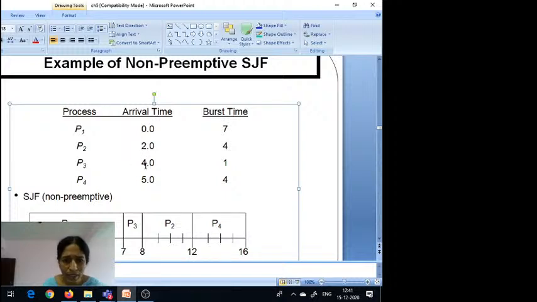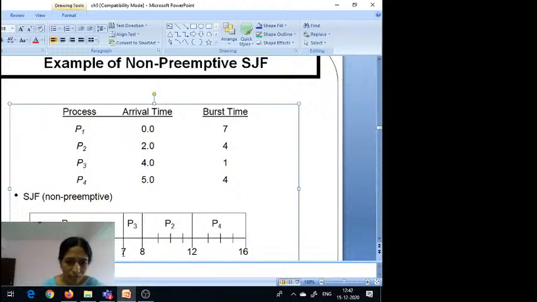At the 4th millisecond, the P3 process enters the ready queue. At the 5th millisecond, the P4 process enters the ready queue. That means at 2 milliseconds P2, at 4 milliseconds P3, at 5 milliseconds P4.